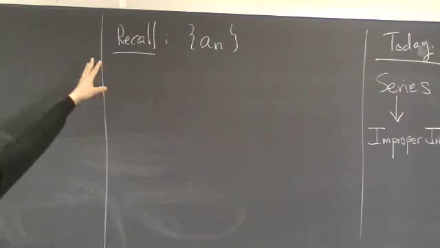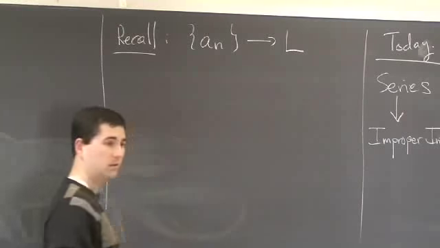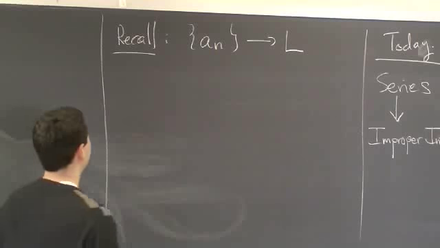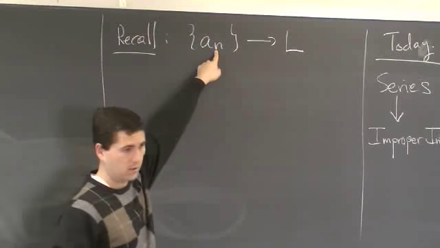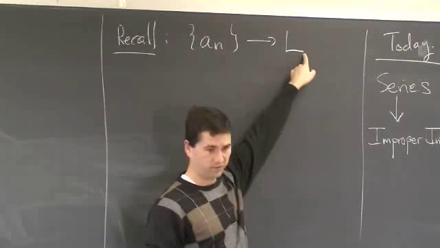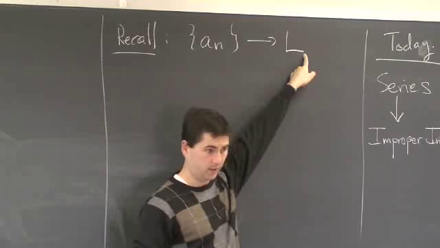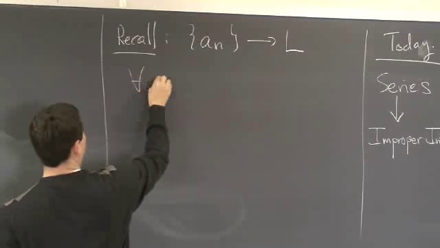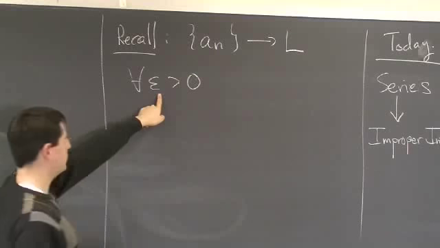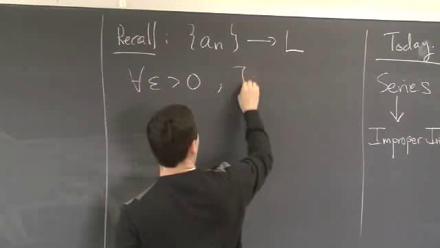One was convergence. We talk about a sequence converging to some limit L. And recall that this meant that the terms of the sequence should get close and stay close to this L. How close? Arbitrarily close. And what did arbitrarily close mean? That meant as close as you want to get, for any small number epsilon, you can go out far enough.